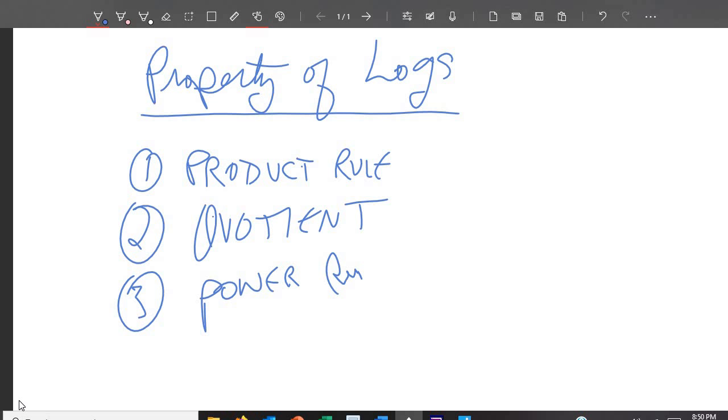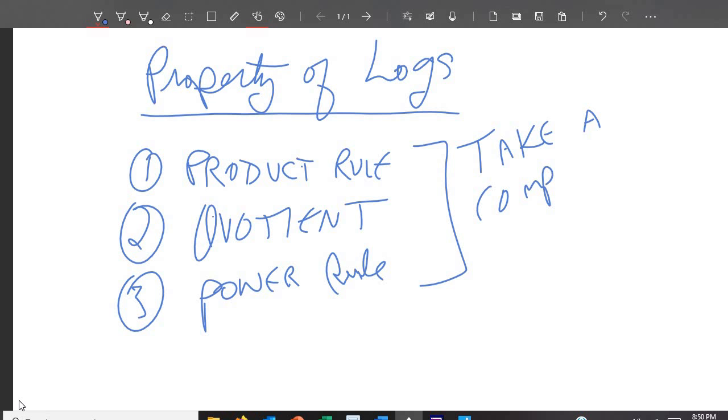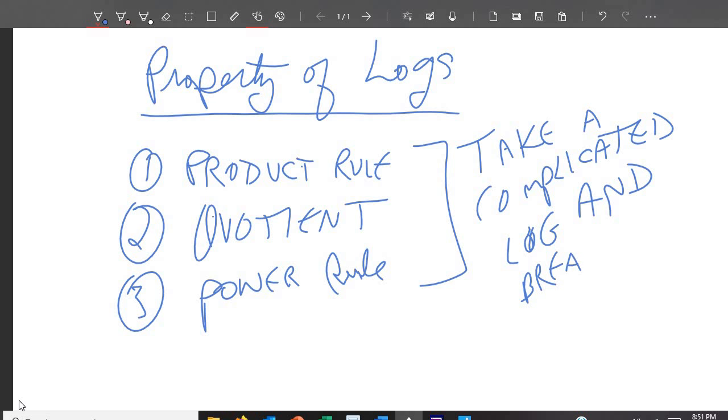All three of these rules take a complicated log and break it down into smaller pieces. Now, we just have to remember what the properties say.